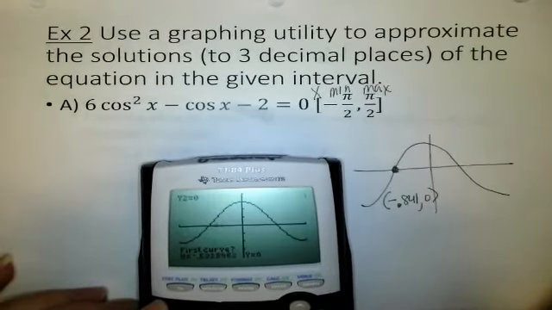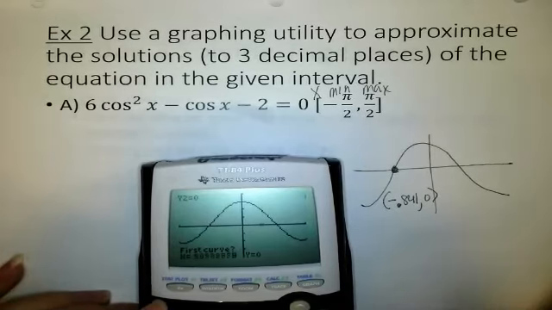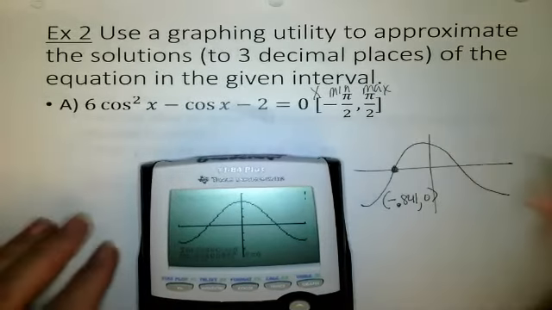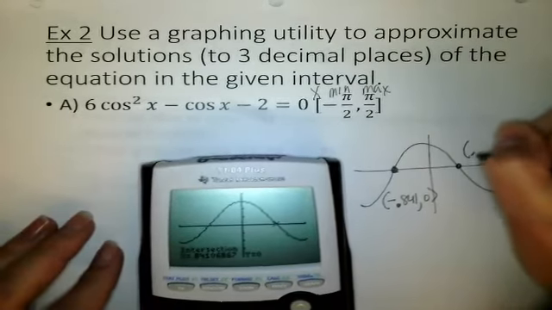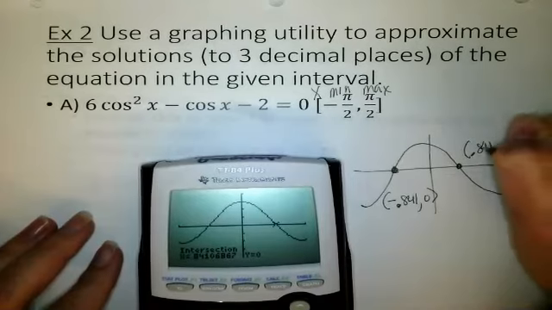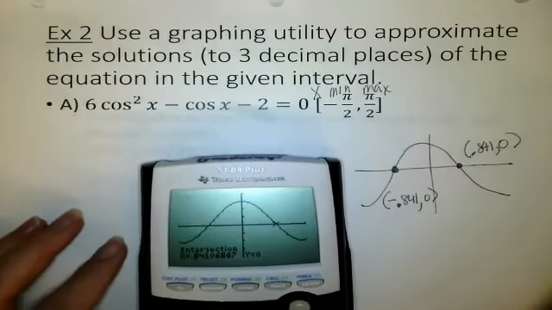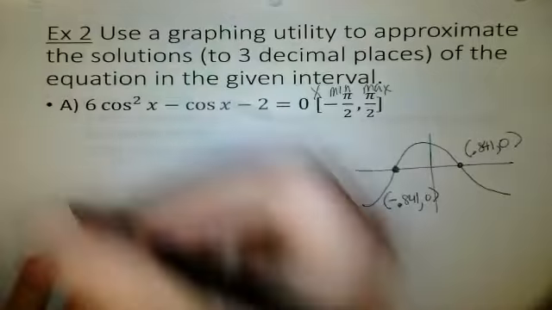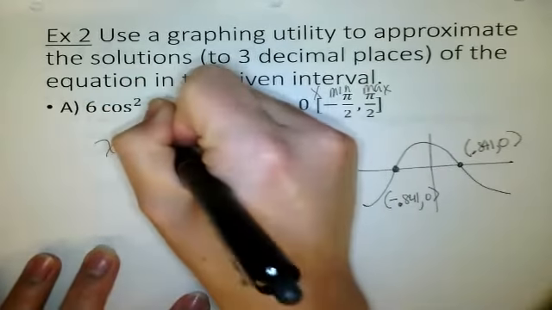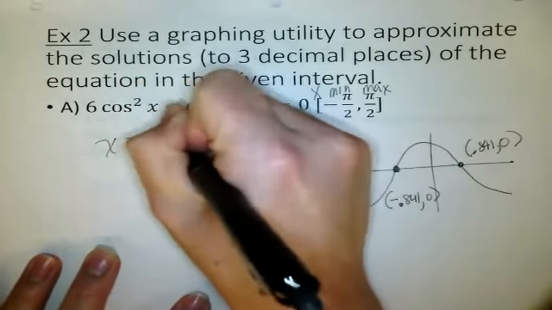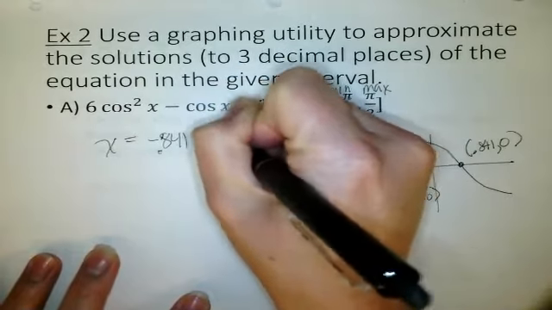Move Tinkerbell to the other intersection point where we're intersecting with the x-axis. Enter, enter, enter. And we get 0.841, 0. So our solutions for x are negative 0.841 and positive 0.841.